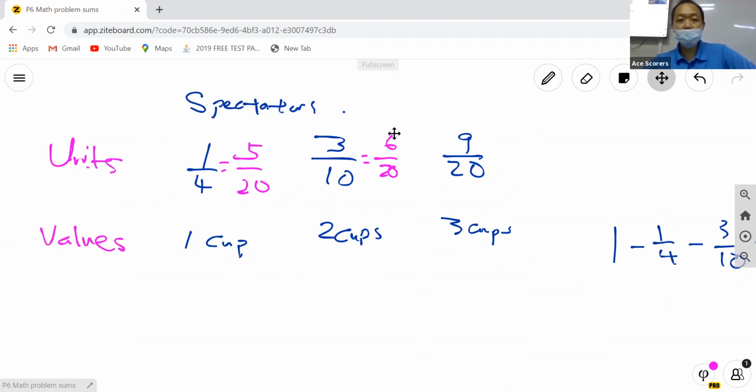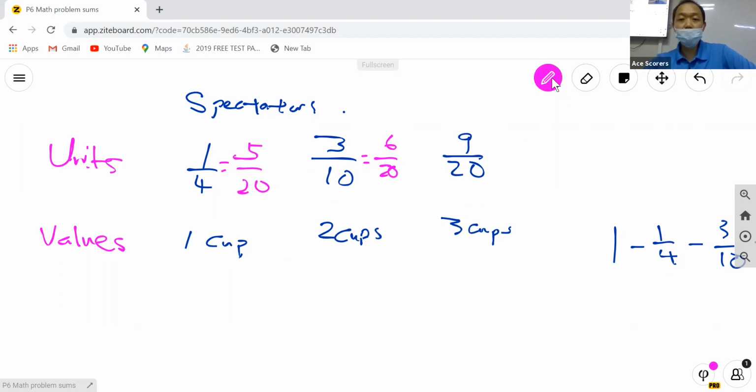So the ratio is 5 is to 6 is to 9. I will do another question so you know what this is about. Now, values. 5 units of spectators bought 1 cup. 6 units of spectators bought 2 cups. And 9 units of spectators bought 3 cups.